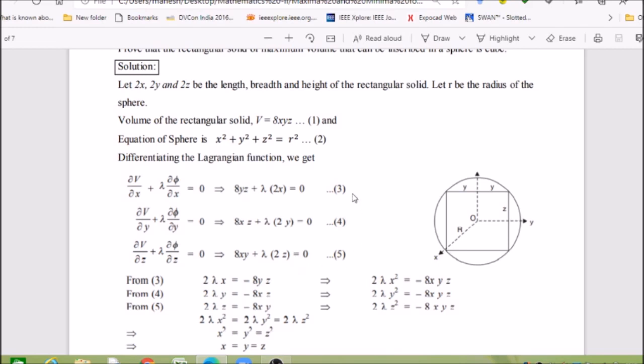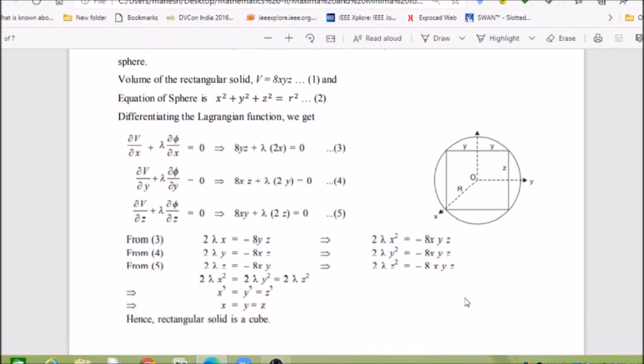So from equation 3, I can write 2 lambda x is equal to minus 8yz, or multiplying by x, 2 lambda x square is equal to minus 8xyz. And similarly, from equation 4, multiplying with y, we get 2 lambda y square is equal to minus 8xyz. And from equation 5, 2 lambda z square is equal to minus 8xyz.